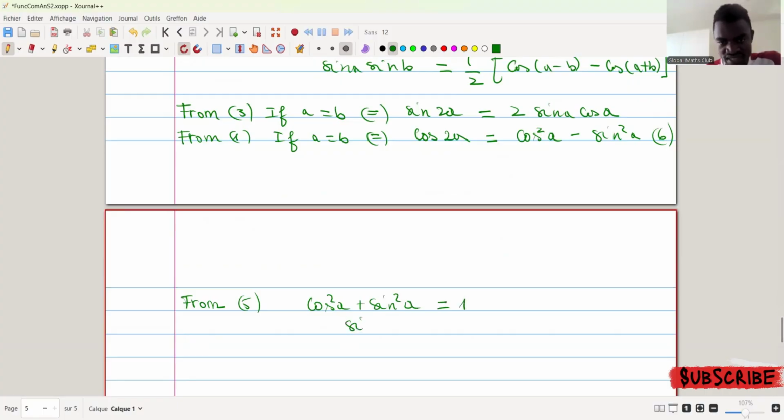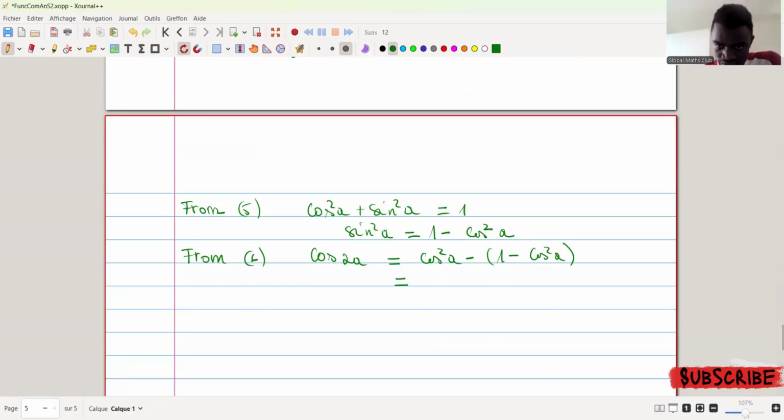So this means that sine square is equal to 1 minus cosine square A. So from 6, if you replace sine A square by this, you have cosine 2A equal to cosine square minus 1 minus cosine square.